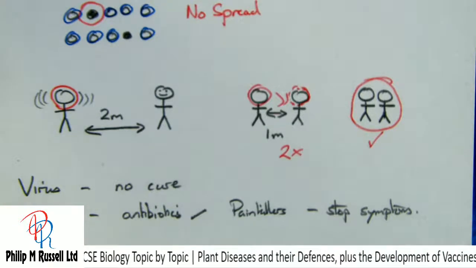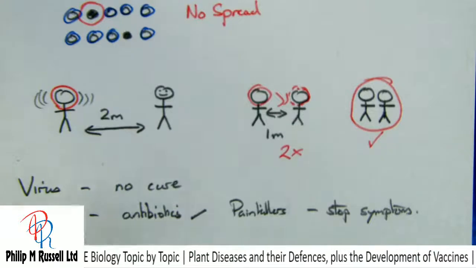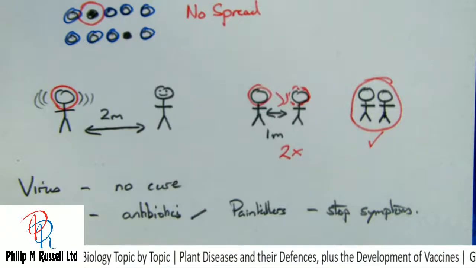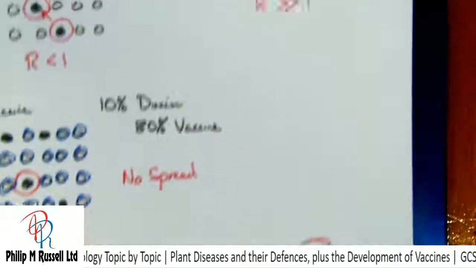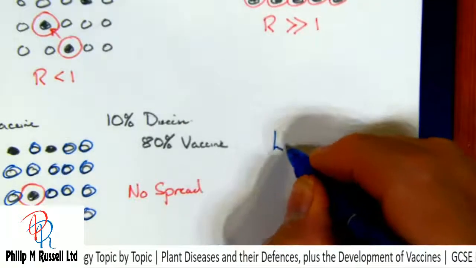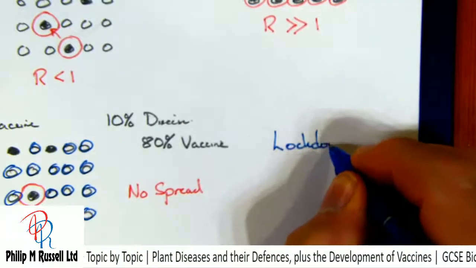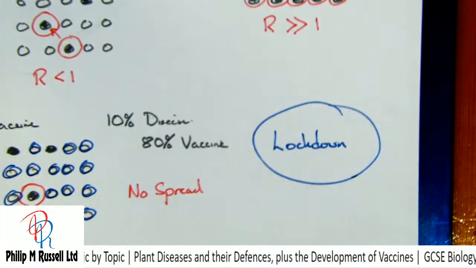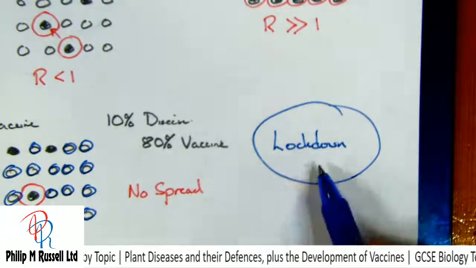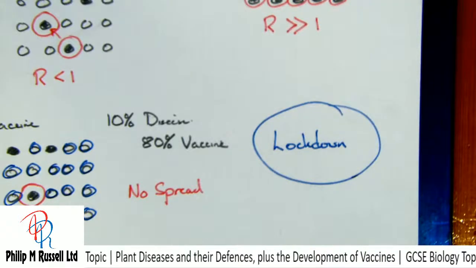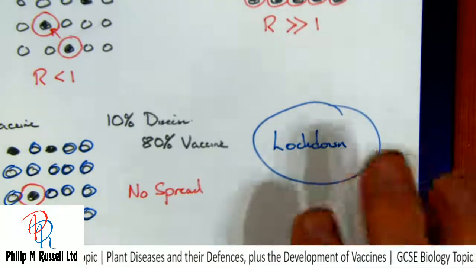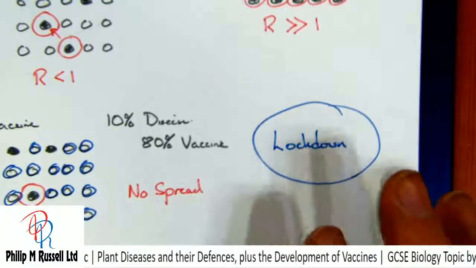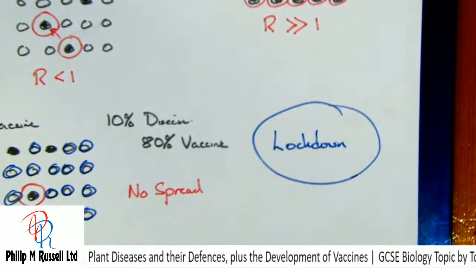But the best way, and the only way that governments so far have managed to succeed in defeating all of these problems, has been simply using a lockdown. This is extreme social distancing. The lockdown's effective because people don't meet each other.